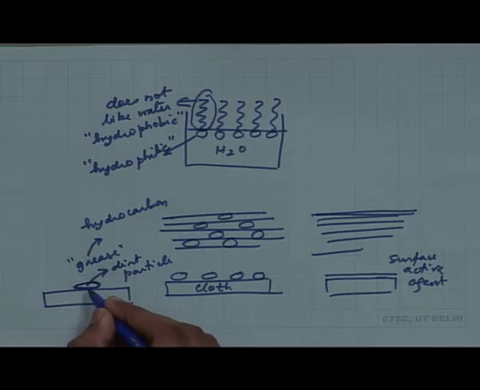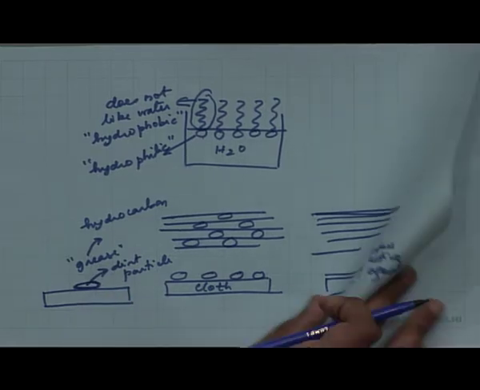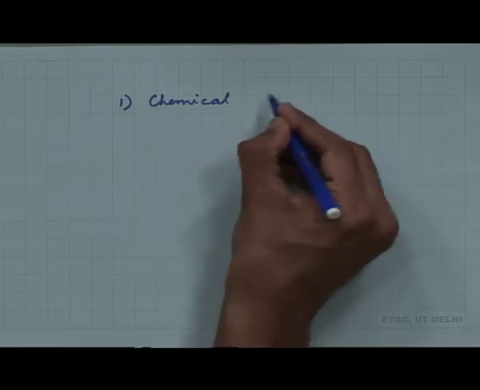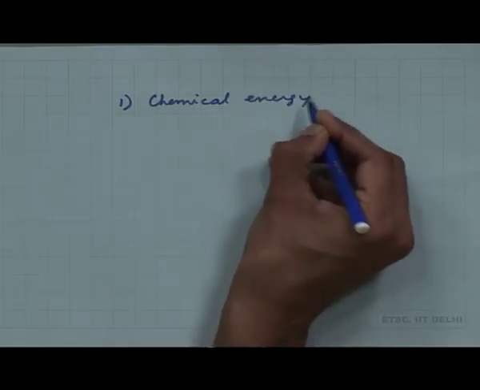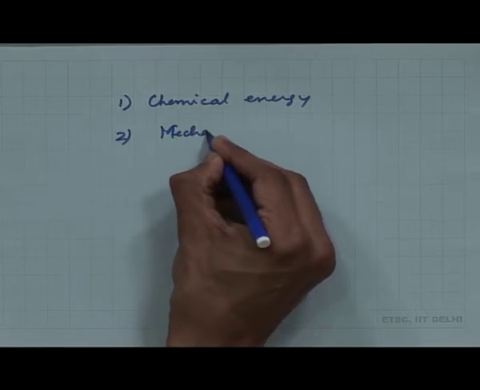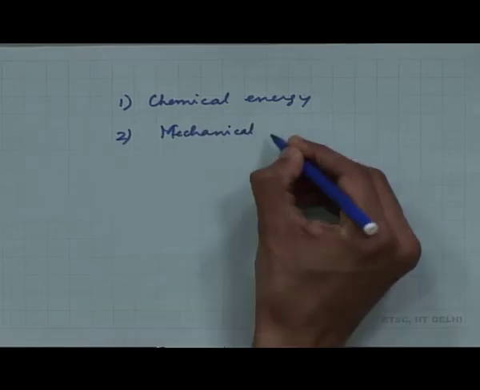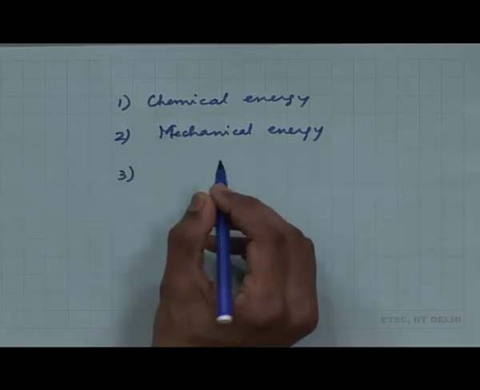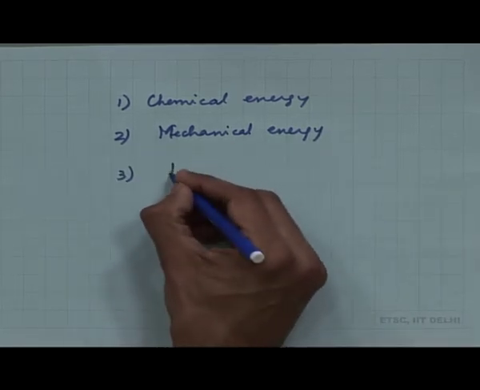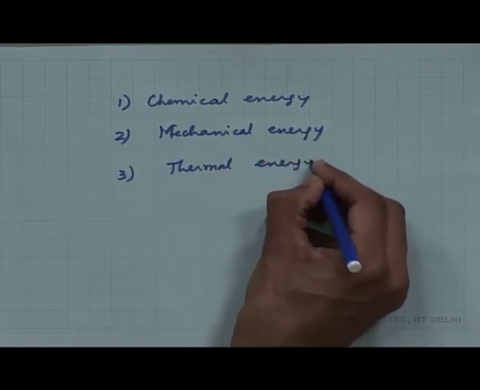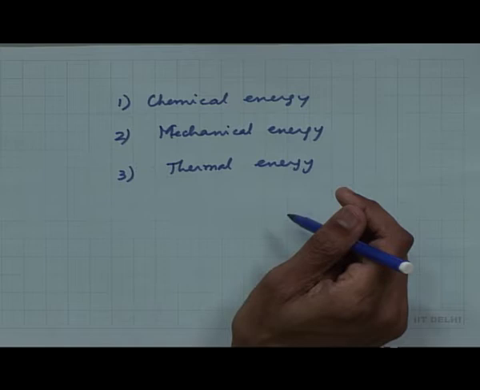in detergency. So, when you look at detergency, we need three things. One is chemical energy, then we need mechanical energy, and we need, especially if you are in a cold climate, in winter you also need thermal energy, because very often you need to heat the water before you can get it off.